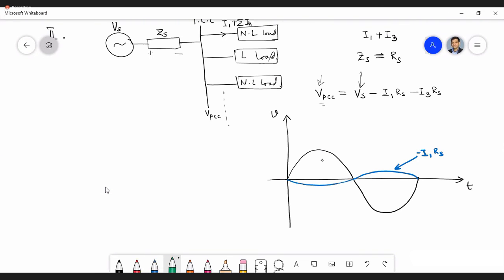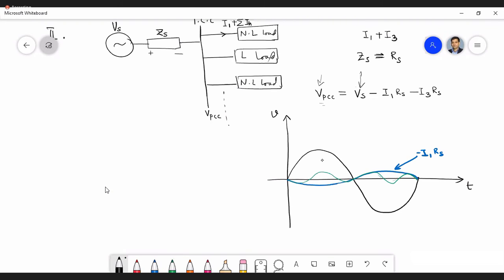Now what should be minus I3 RS? It is a third harmonic component. That means you will have 3 time periods in 1 time period of the fundamental. So let me draw like this. This is 1, 2, and 3.